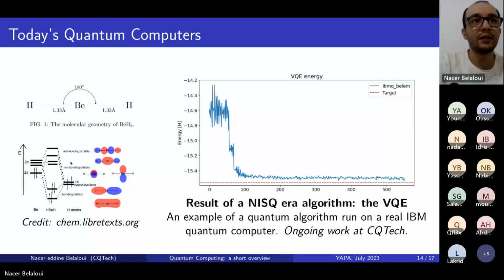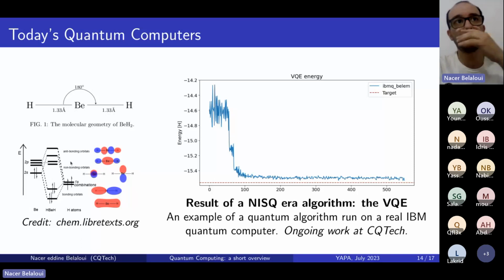This is shown here in the lower left. Here we just show the valence electrons and how they are arranged in the molecule, and they will interact in a certain manner such that they will either break apart the molecule or keep it stable. This is a very famous problem in quantum chemistry.